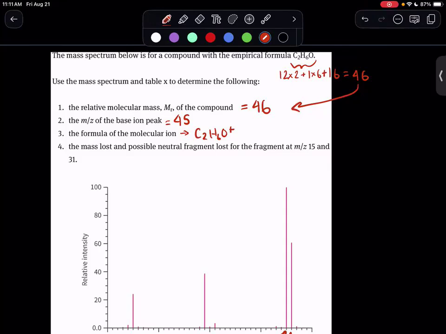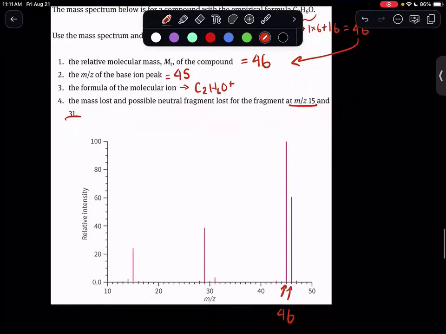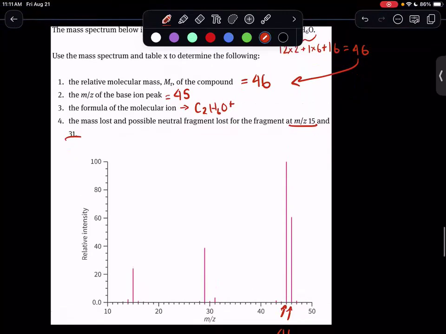Now the actual harder part, which is we're going to find the neutral fragments for 15 and 31. So I'm going to go ahead and use the formula I had before: m/z of M+ minus m/z of little m+ equals the mass of my neutral fragment. So the mass loss here is going to be 46 minus 15, which equals 31.